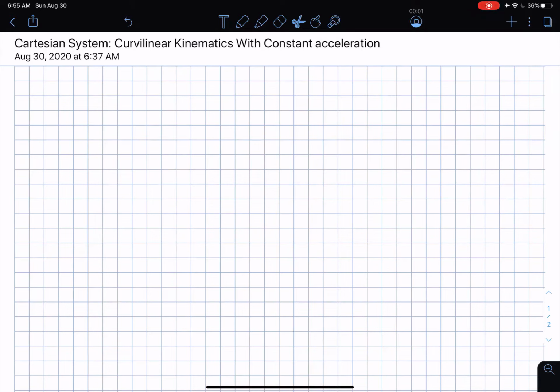Hello everyone. We'll be continuing on Cartesian particle kinematics, and we'll be looking at a case of curvilinear motion of a projectile under constant acceleration.